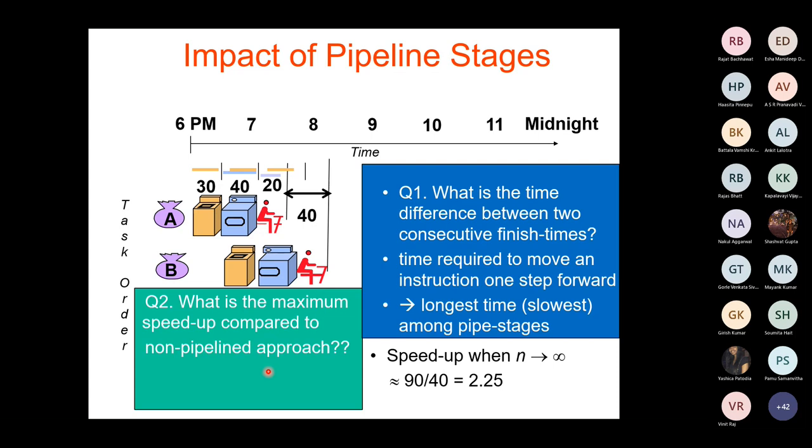You can have at most a speed up of 5-fold, not more than that. If you have long pipelines, for example in floating point and so on, you can have a much better speed up there. So the maximum speed up is limited by the number of pipe stages. So once you understand these two things, the answers to question 1 and question 2, you are done.